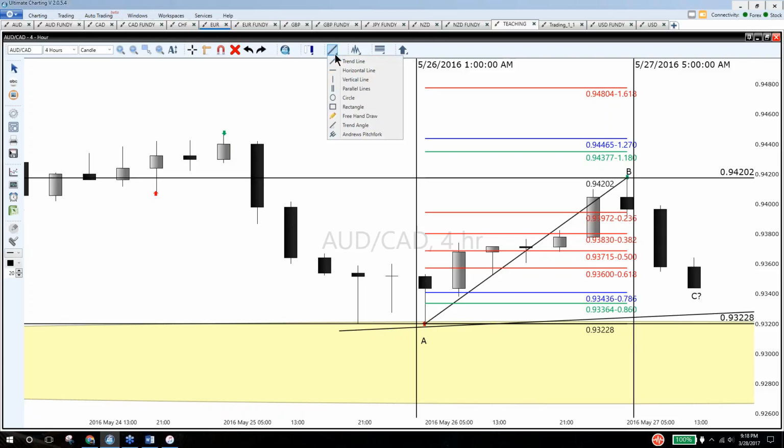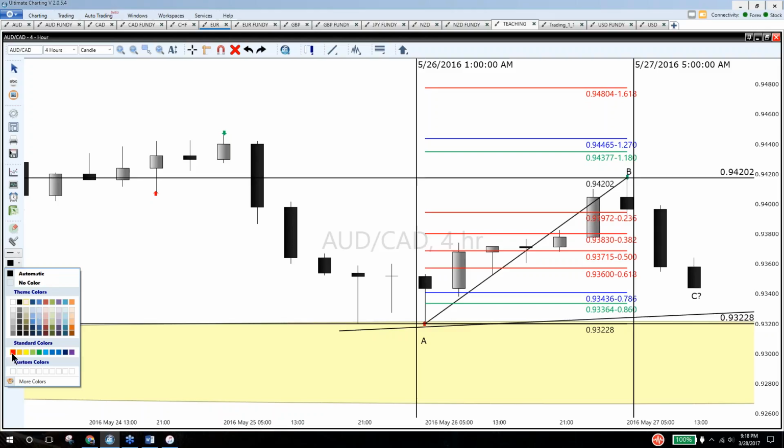If this is my AB right here, and the market were to retrace down to the 382, you see how that's roughly about 38%. If it comes down to the 50, we got halfway. 618, about 62%, etc. So we're looking at percentages here with respect to the Fibonacci. If it comes all the way to touch the A, that's a 100% retracement. That would be taking out the A.